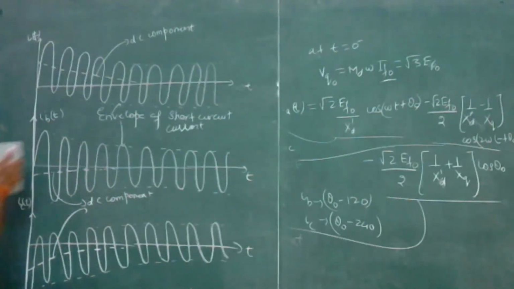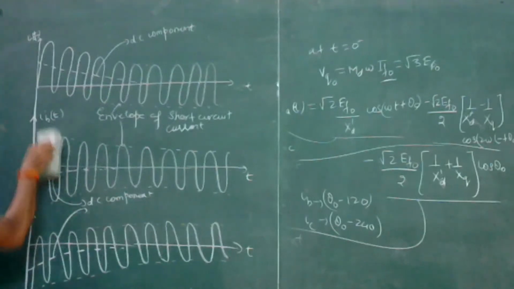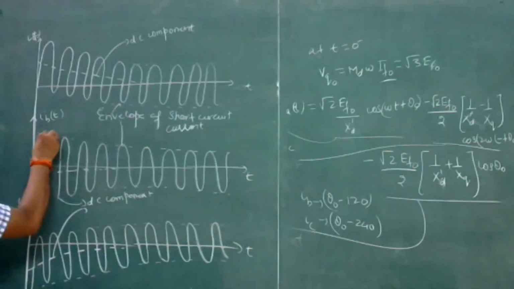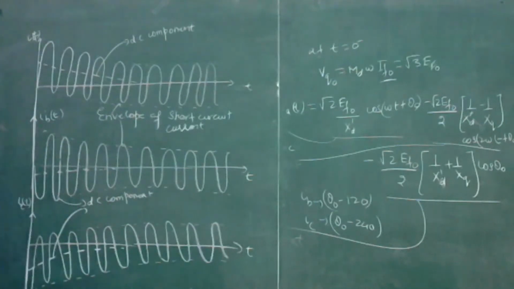So this is the armature current of the synchronous generator after application of sudden three-phase short circuit. This is the equation.